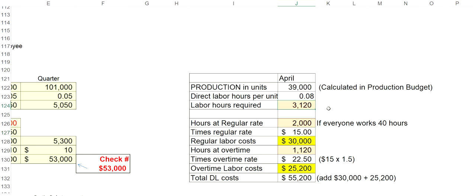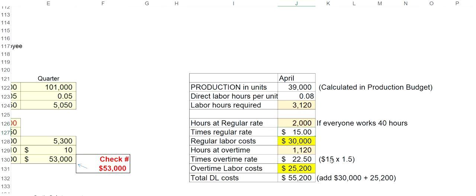Okay, so if they work 3,120, regular rate is at 40 hours, 2,000 hours for all employees. I'll take 2,000 hours times 15. Regular pay is $30,000.